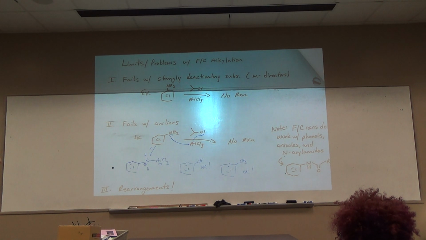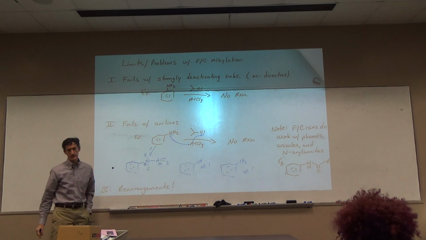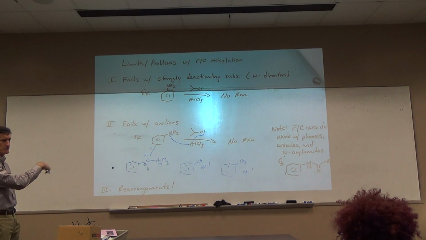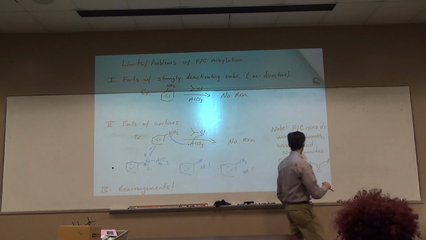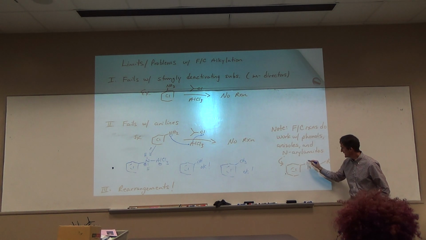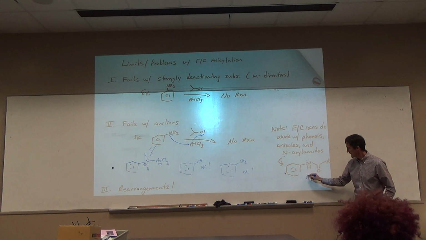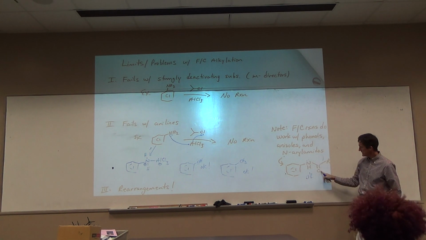So, no metadirectors, because they're strongly deactivating. The only other one is, you can't do anilines, because they're basic enough to coordinate. Everything else is okay. I showed you 2 examples, but anything else is okay. If the nitrogen is an amide, this is okay, because this lone pair is much less basic because it's also now conjugated with the carbonyl.